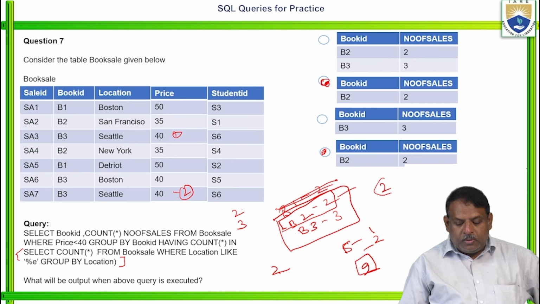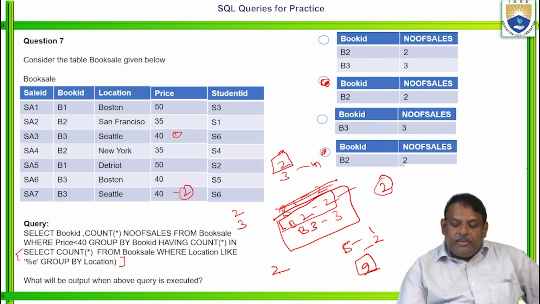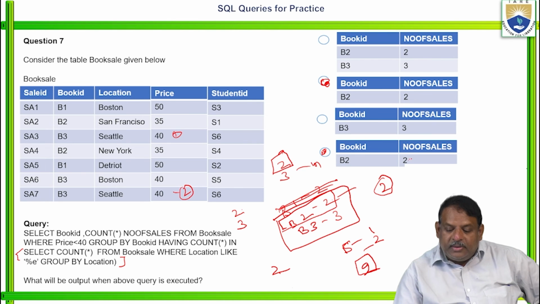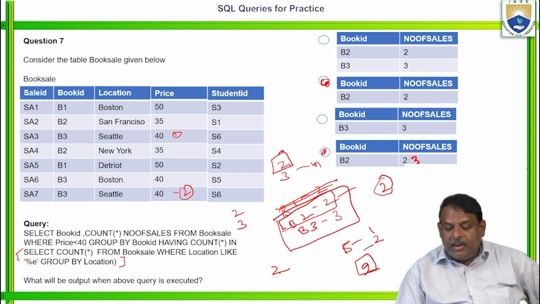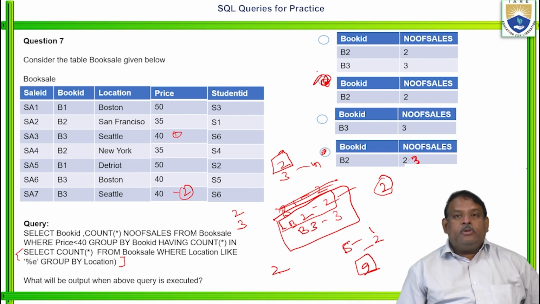Here the count is between 2 and 3 and it says in 2, which means only B2 will satisfy, and the number of sales is 2 here. I think the answer should be 3 here. The right answer for question number 7 would be the second option, book 3.